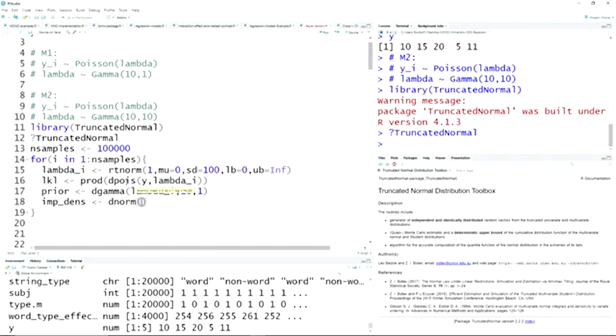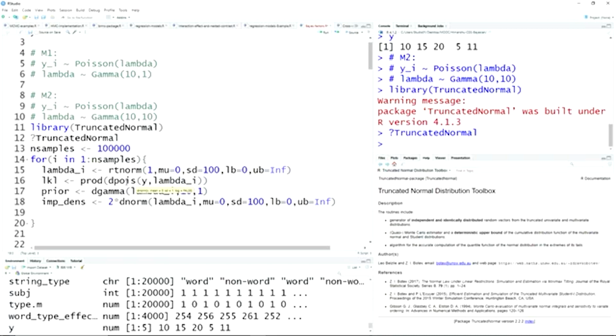In this case, if you just divide it by 2, I think divided by half, you will get the same density. So if you just multiply 2 into d norm density of obtaining lambda i when mu is 0, SD is 100, lower bound is 0, upper bound is infinity, you will get the same thing. So everything is fine so far. We have got likelihood, prior, importance density.